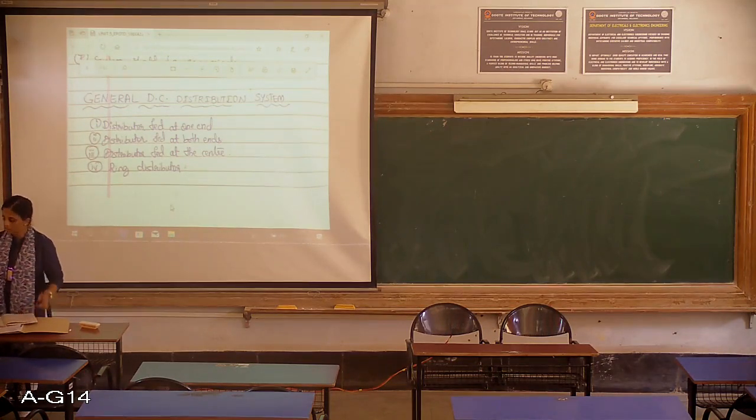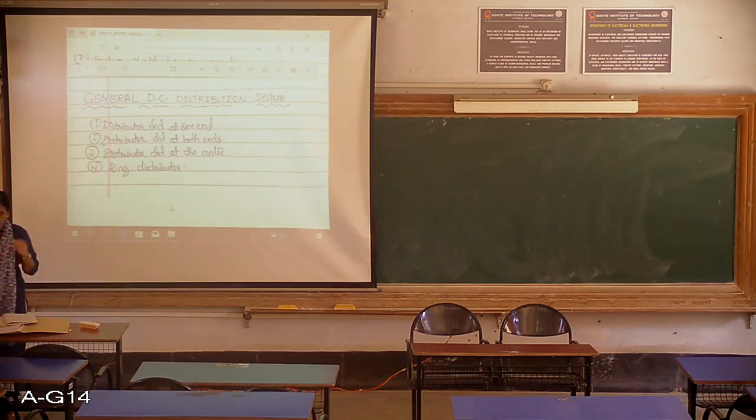Now you have to know that when I am feeding the distributor at one end, I can have 2 cases. Either it will be a distributor fed at one end with concentrated loading, which is the majority of the cases, or a distributor fed at one end with uniform loading. But that case is very rare.